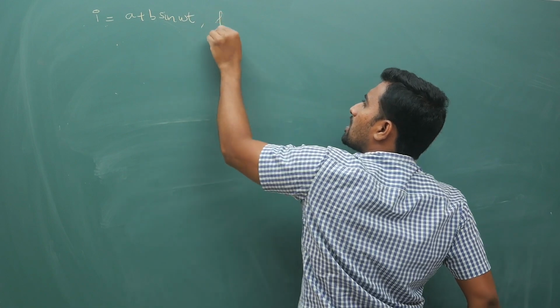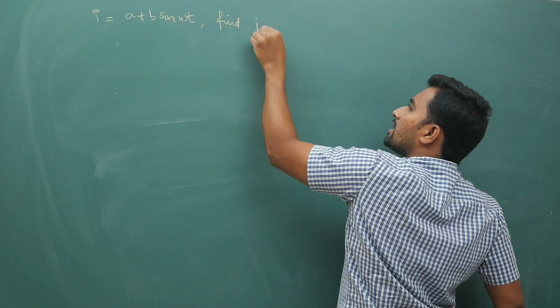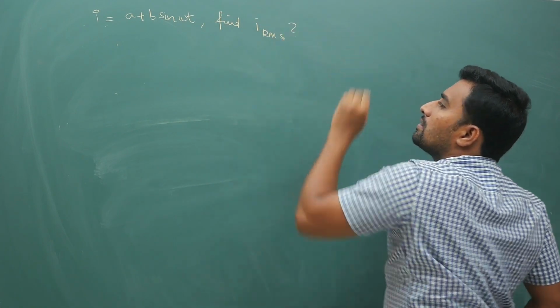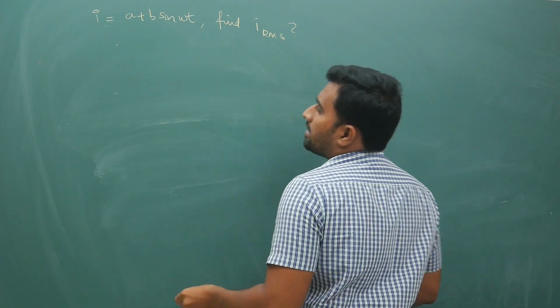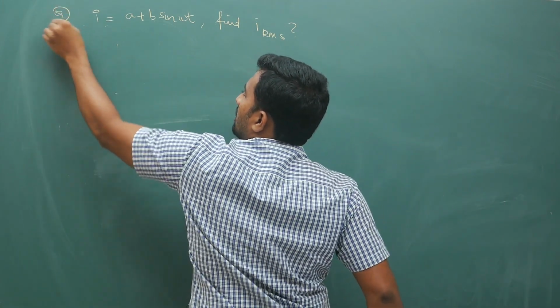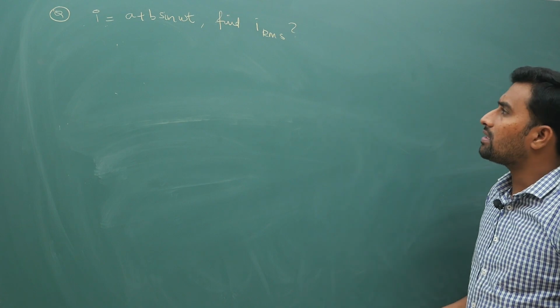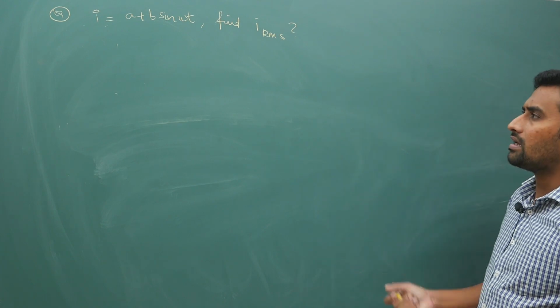Now you are supposed to give I RMS for the full cycle, that is your second part. For the constant it is the same, for the remaining function we have to calculate, that I have explained.